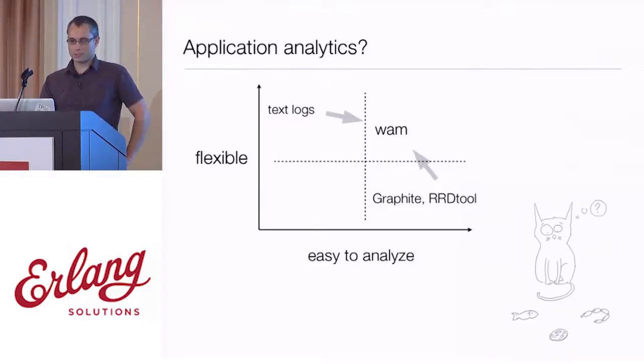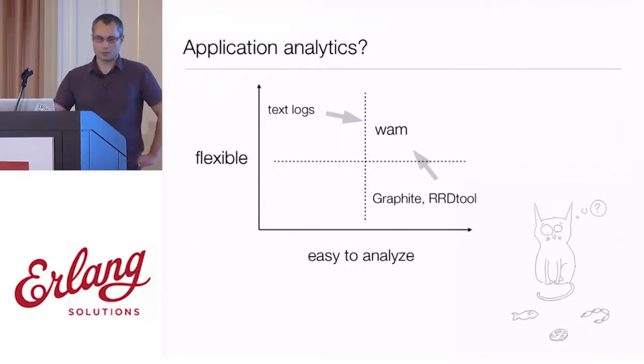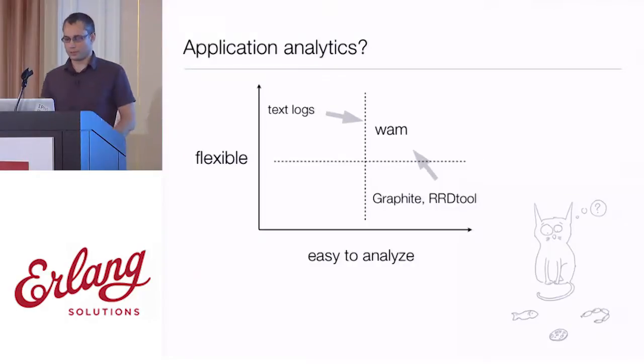So WAM is not a replacement for those tools, but it's an attempt to get something more flexible than strictly time series tools and a lot more usable than raw text logs, or raw text logs passed through ETL and made available in some other structured form.